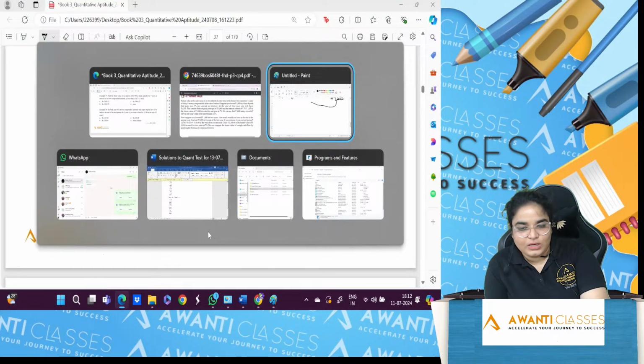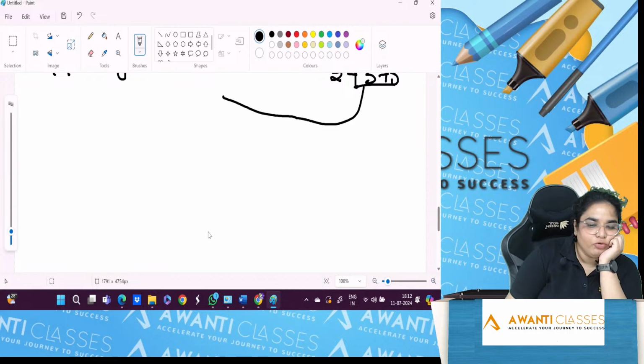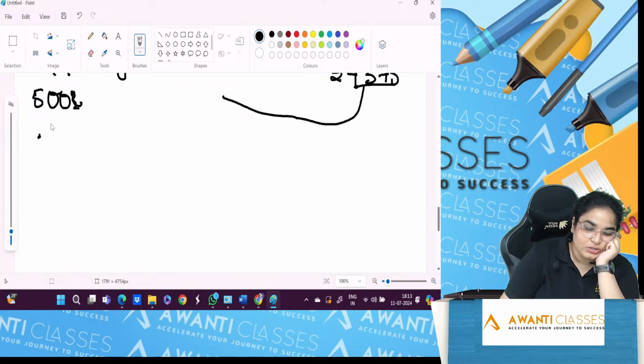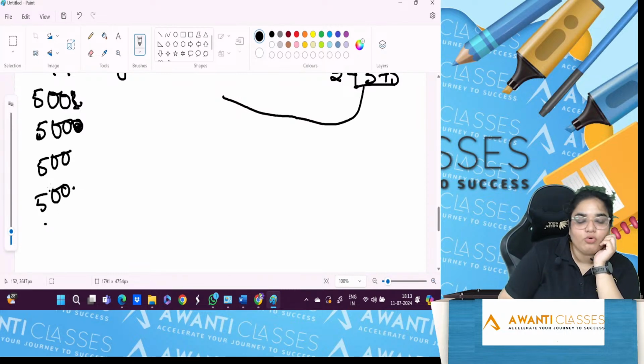Okay, let us do another example and then we will move on. Let us do the example ourselves. Let us say there is somebody who is putting 500 rupees per year in a bank account. They have done this for 4 years.